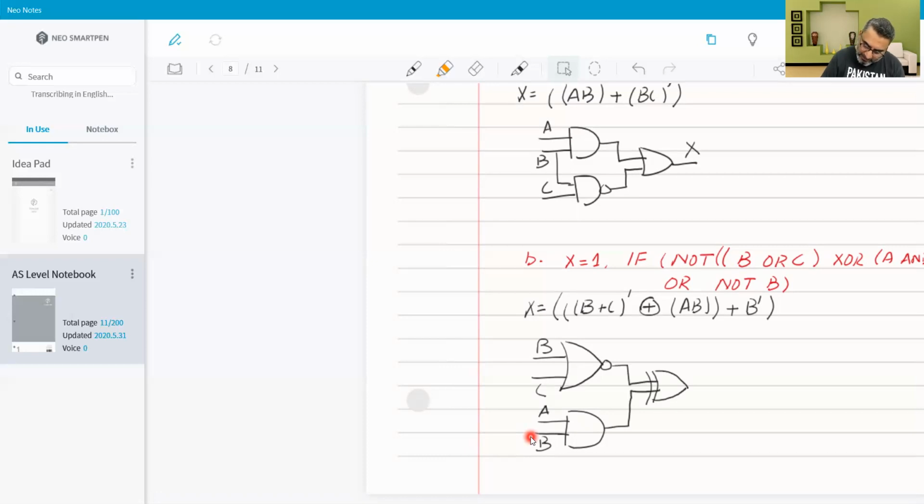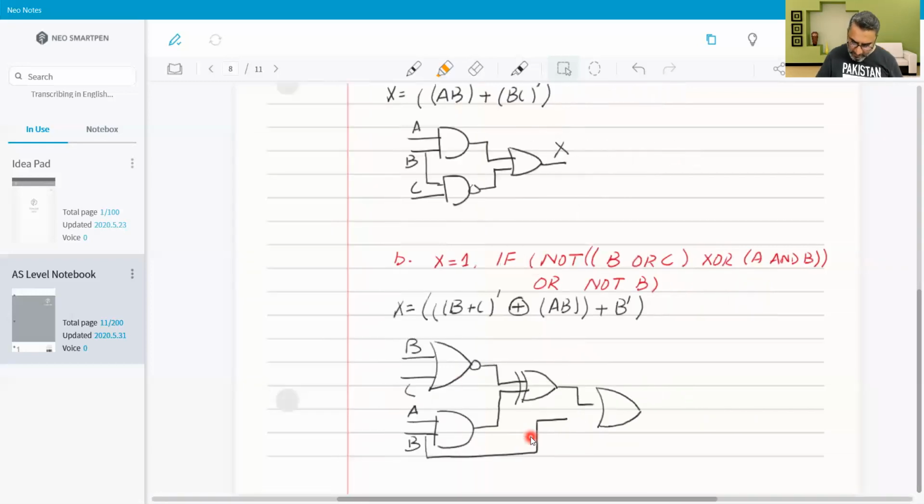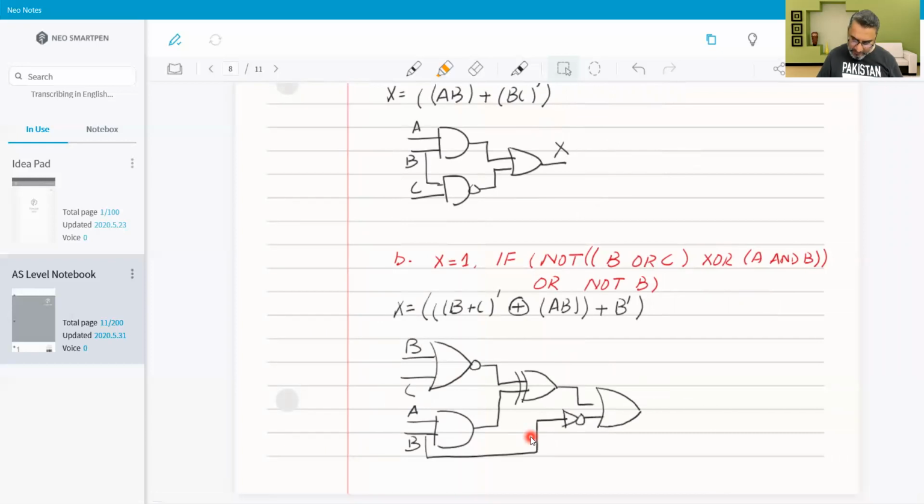and then it is being ORed with NOT B. We can bring in input from here, make it NOT, and then make it input to the final OR gate. Here we go.